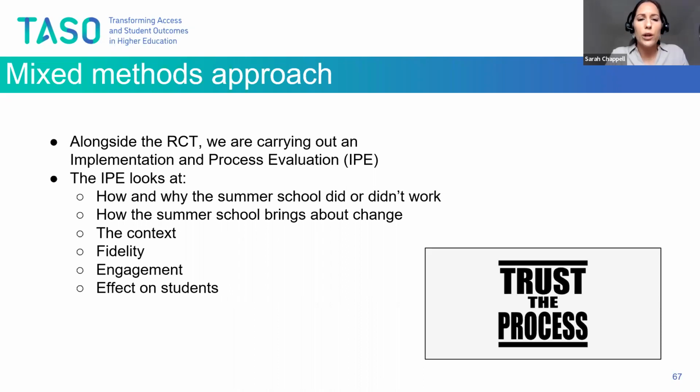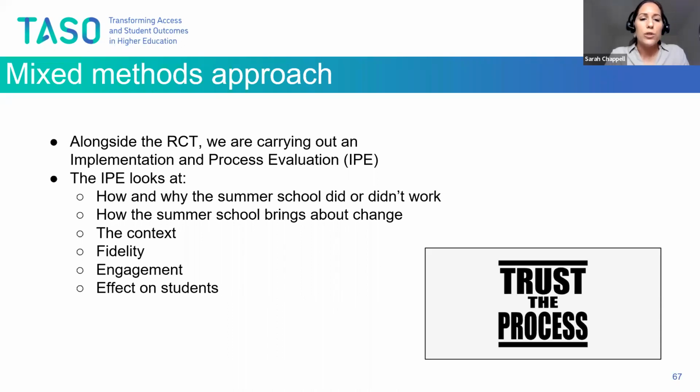But we can also look a lot more carefully at the effect on students. So again, Ray mentioned this earlier through qualitative methods. So we can hold interviews and focus groups with students and get down more to the nitty-gritty of the summer school and the impact it had on them. Look at key themes which seem to be consistent across students, or perhaps were different depending on the characteristics of students.